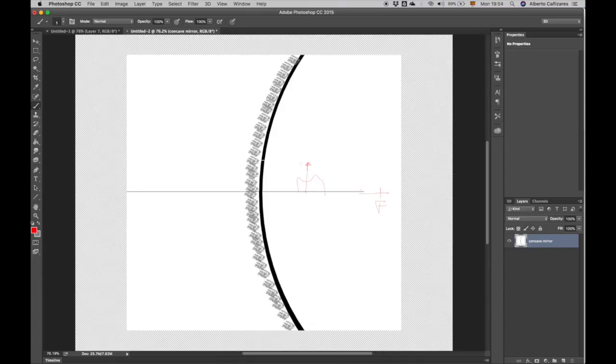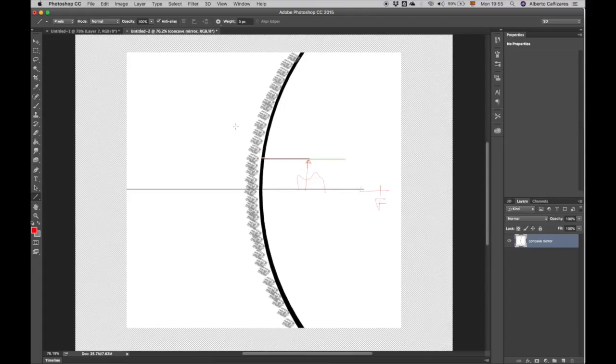Okay, so the focal point is here. And we could say the light that is coming straight will bounce off this point. And we said the light that's coming straight goes straight back, all the way back to the focal point, right?